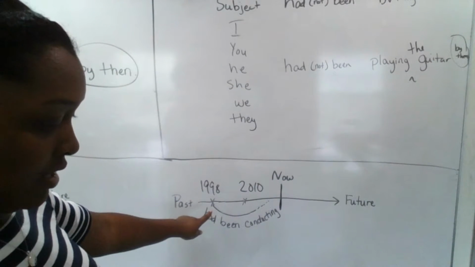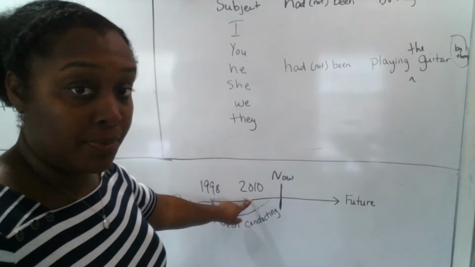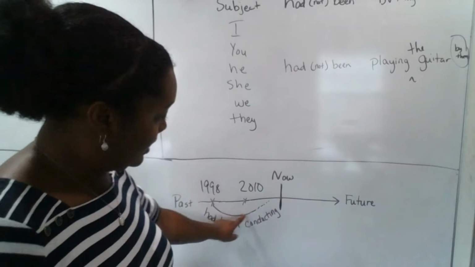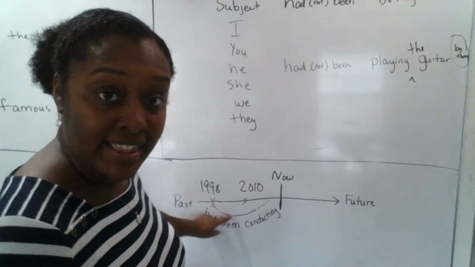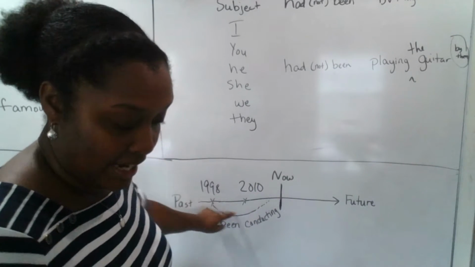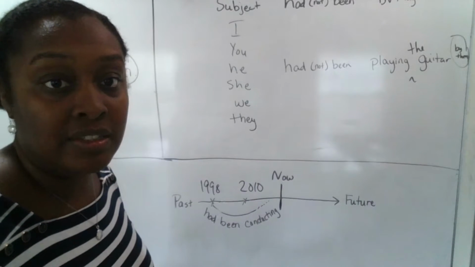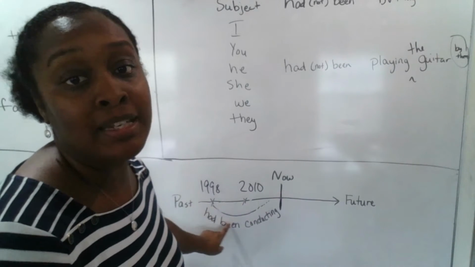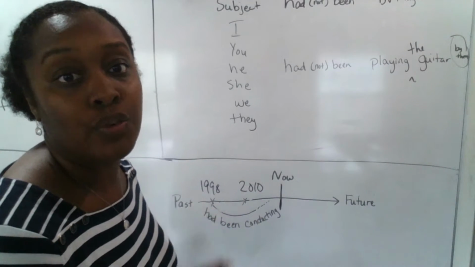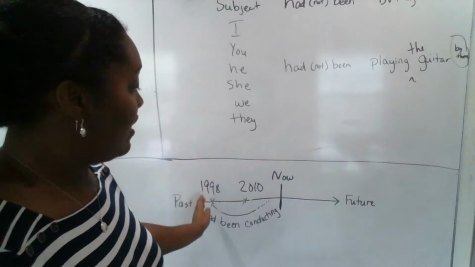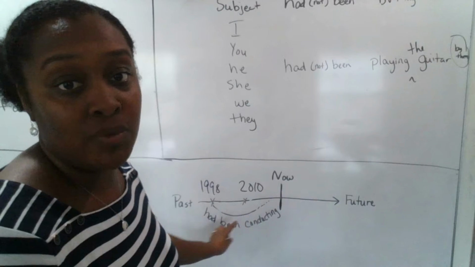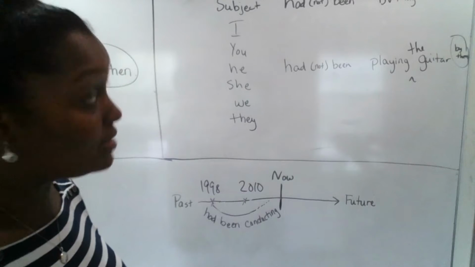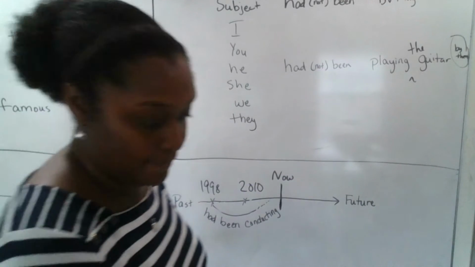By 2010, Dudamel had been conducting an orchestra for 12 years, so this had already started. It started at this particular point, the action was continuing, and there was another action that occurred in the middle of that duration. That's how we use the past perfect progressive.